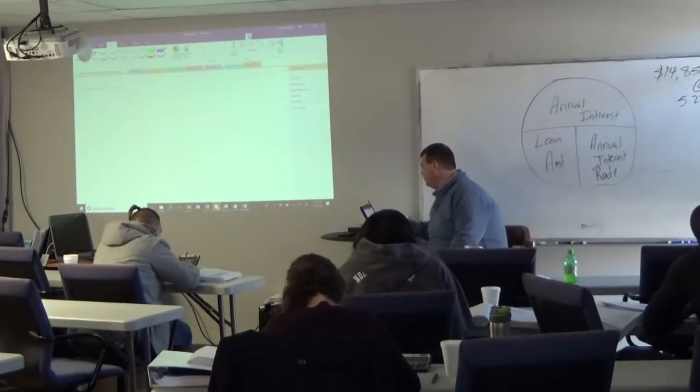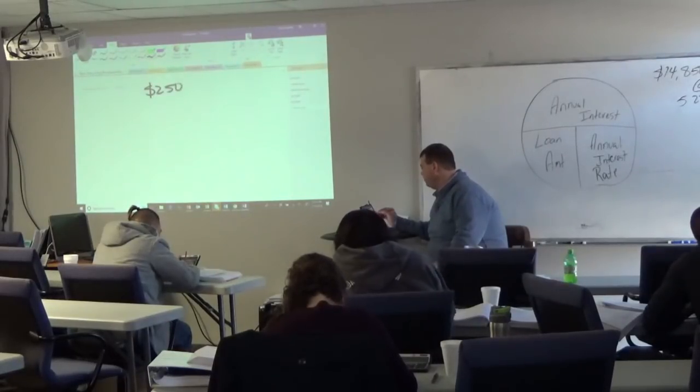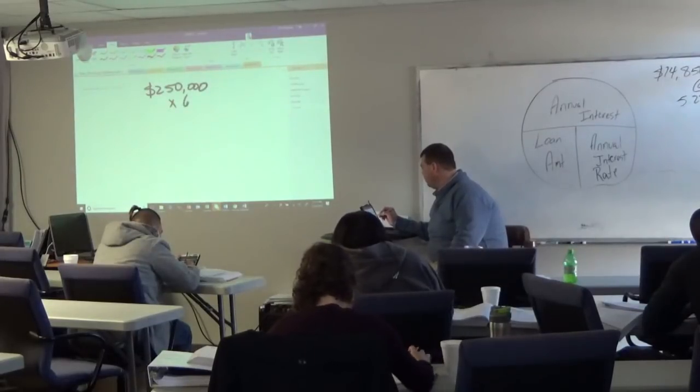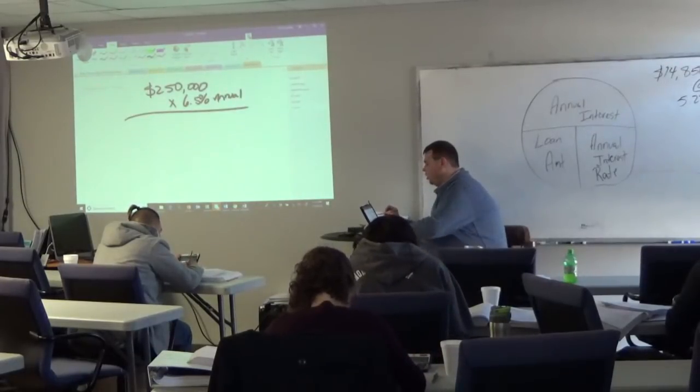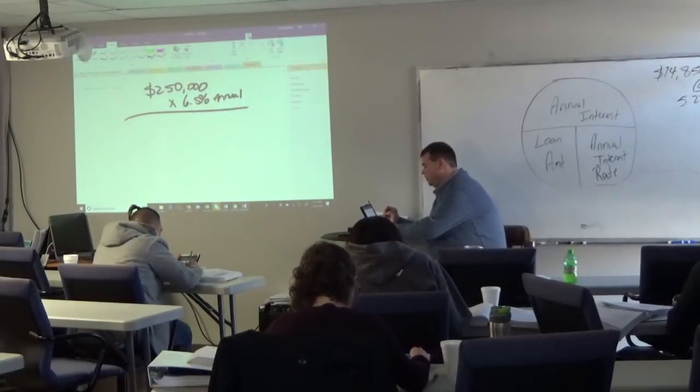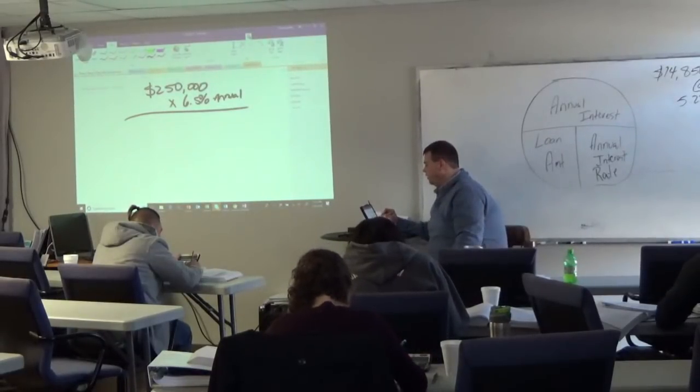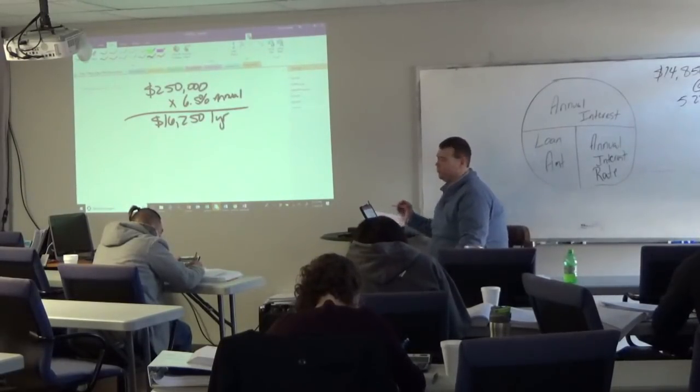We've got a $250,000 mortgage loan. And we're charging 6.5% interest annually, right? So, for the first year, we are being charged $16,250 per year in interest, right?